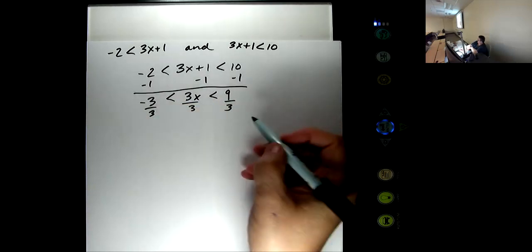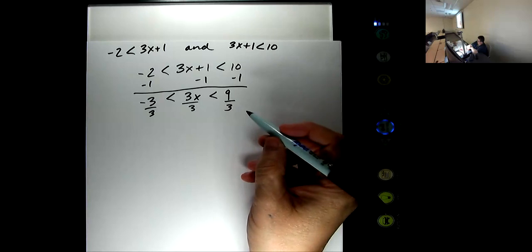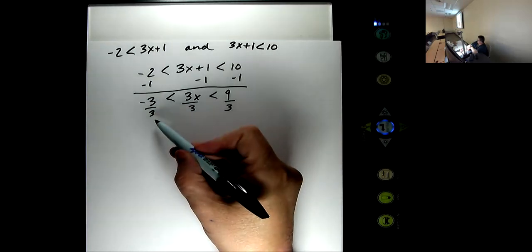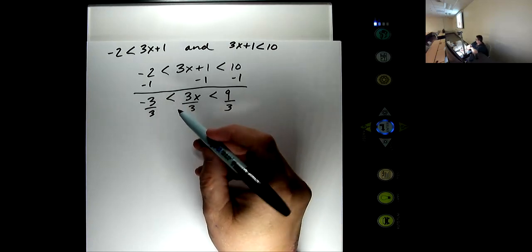And you got, well, that's where I got stuck. What's after that? So what's the left side? What's -3 divided by 3? What's 3 divided by 3? So the negative just makes it -1.